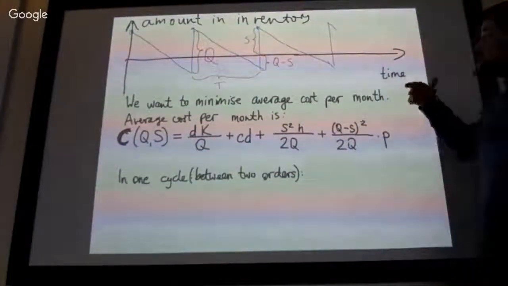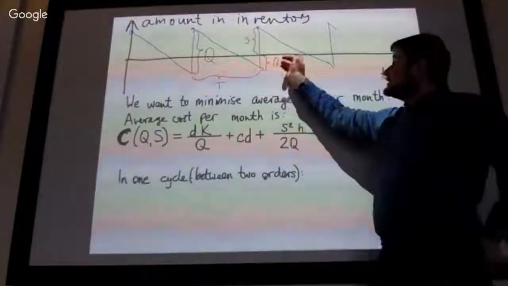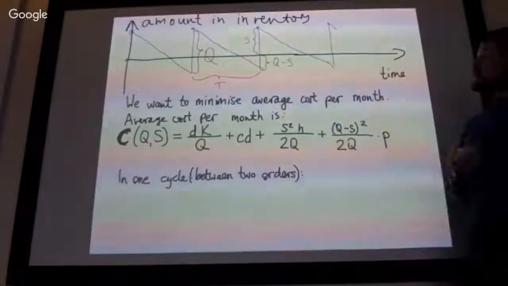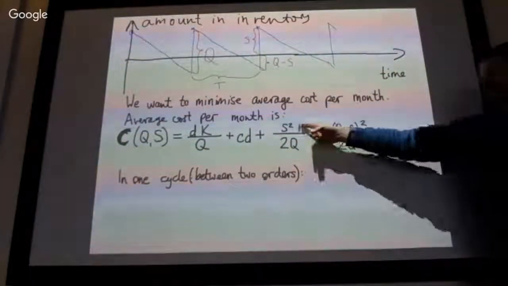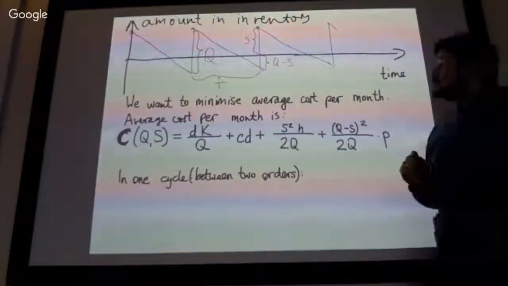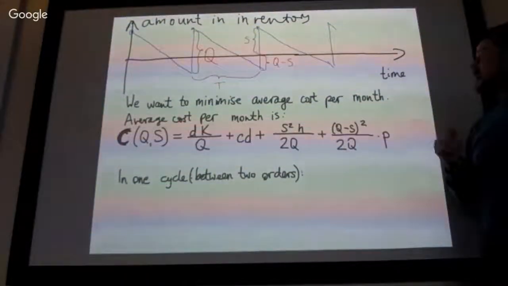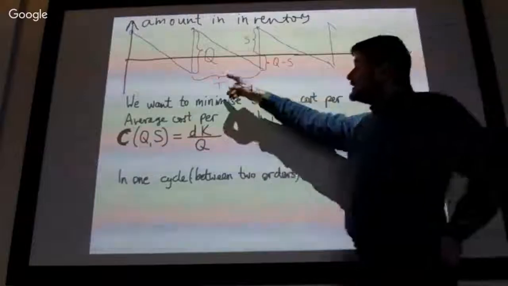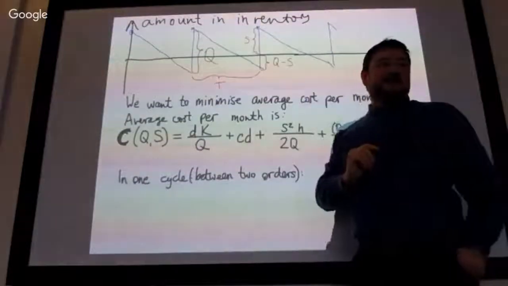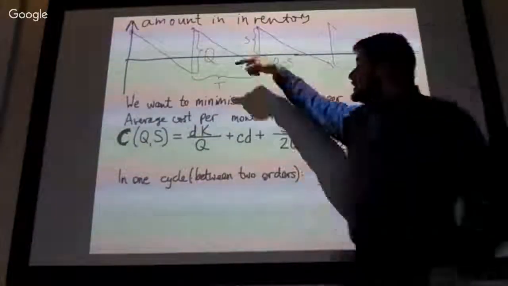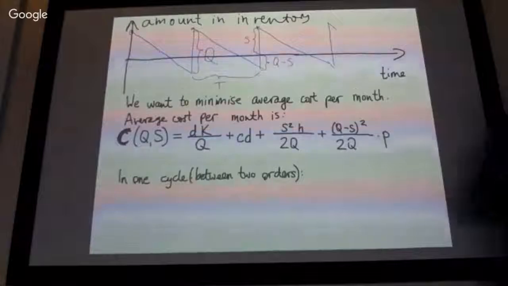What we really did was look at the area of the triangle, because the area of the triangle gives us the total inventory in this period, and then we multiply it by the cost H. The idea why this is true: if the graph looked like a straight line, then you'd multiply how much you have, this Q, times the length of time you have it, times the cost per time per unit.